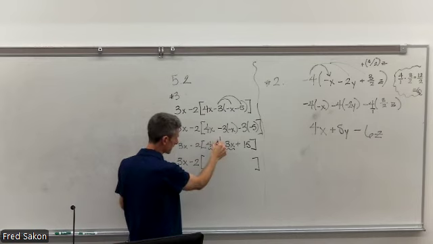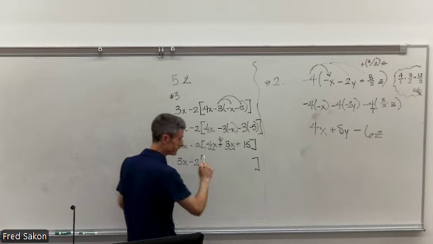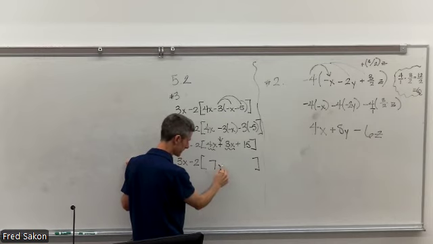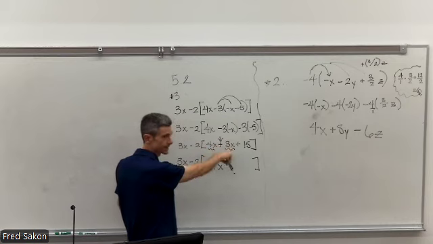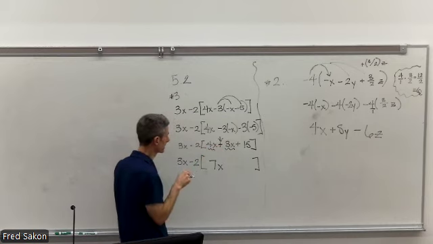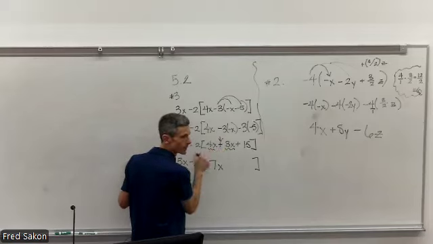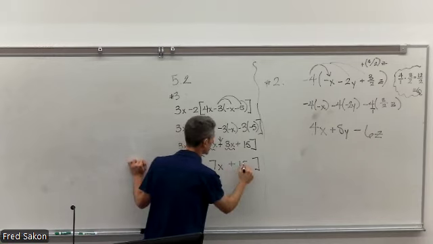There's a plus in between them. 7 times x. That times x sticks around. The operation, you look between them and do that on the number part. Then bring down our plus 15 here.